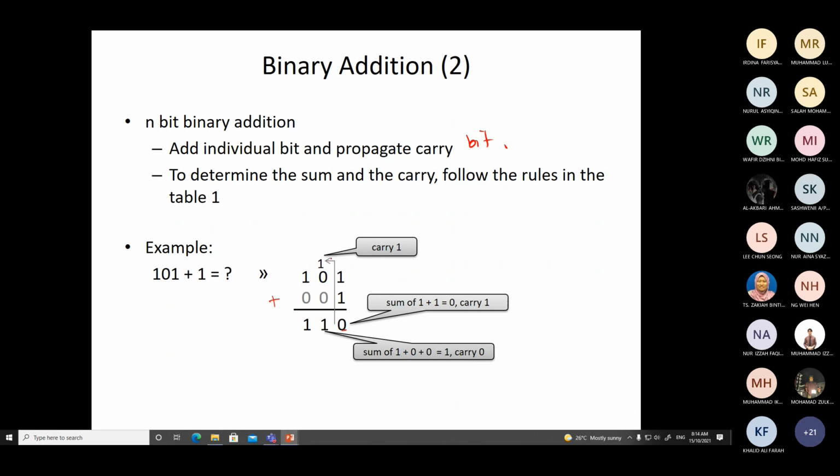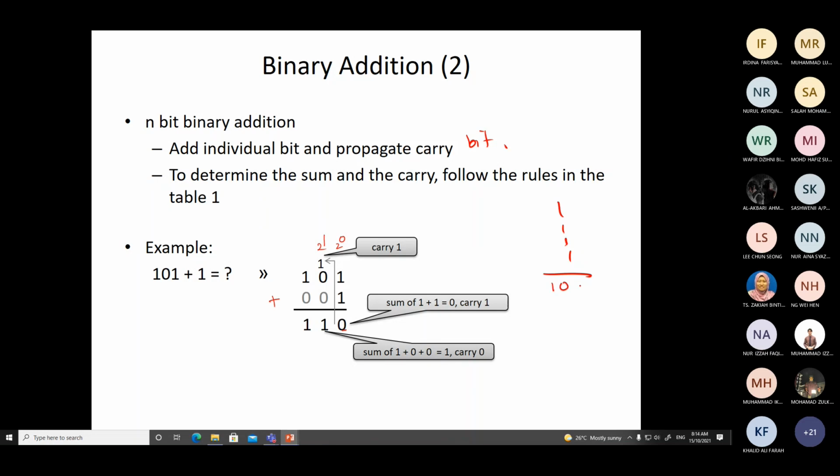To the next more powerful position. In this case, this is 2 power of 0, and this is 2 power of 1. So we carry forward to the next power. You only carry whatever is left. As an example, if we have 1 plus 1 plus 1 plus 1, what you get is 4.